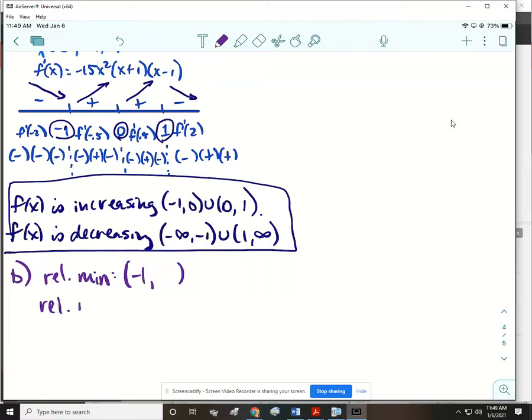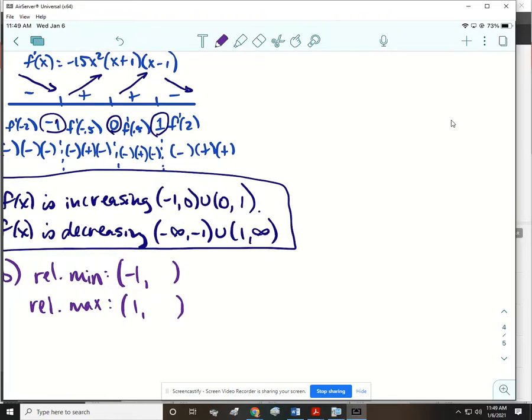And then when the first derivative changes from positive to negative, it creates a relative maximum, and that's what happens at 1. Right? And then to figure out the y's that go with those, you just go back to the original function and plug in the values, and we get our relative maximum and our relative minimum.